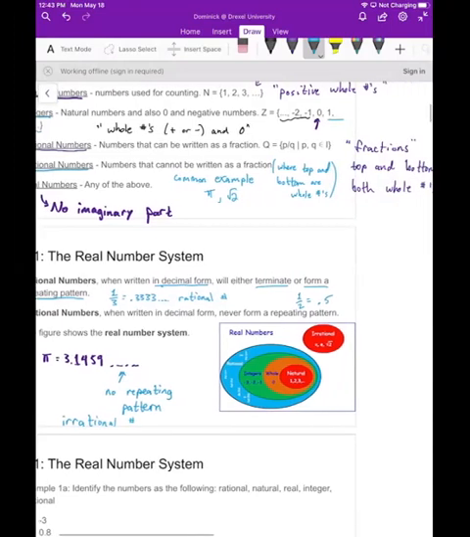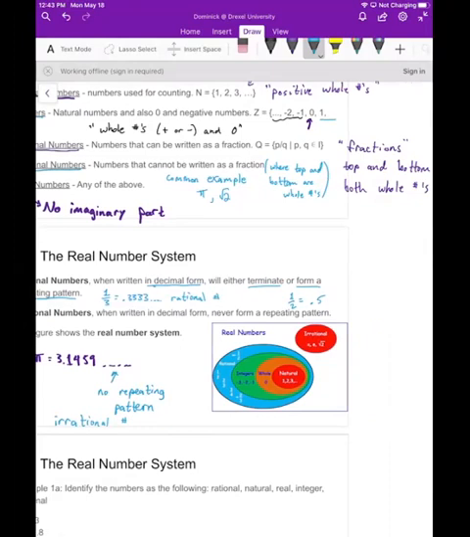Right? Now, of course, we can hopefully notice some things about this, but the real numbers can be thought of in this box diagram here, right? Now, we said that we had the natural numbers first, right? Those are all of our numbers that we count with.